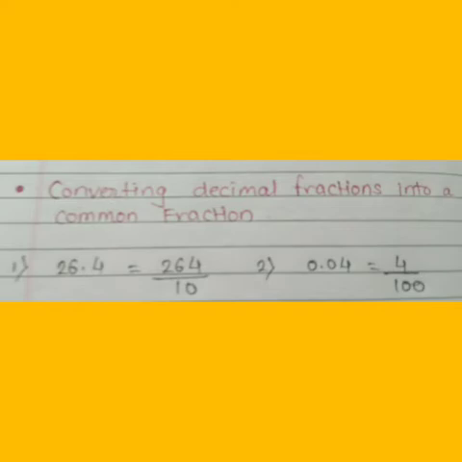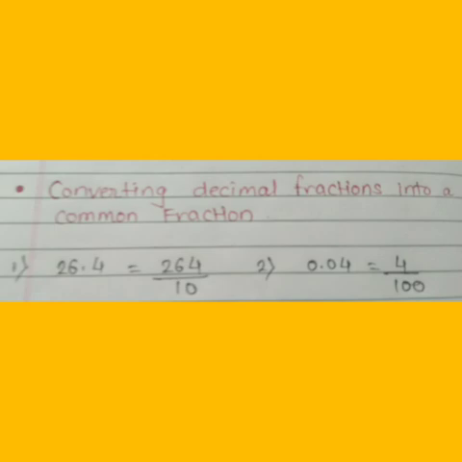Now next topic, converting decimal fractions into a common fraction. Till now we learned how to convert a common fraction into a decimal fraction whose denominators are 10, 100, 1000, etc. Now we are going to convert a decimal fraction into a common fraction. For that, see here. 26.4 we have to convert into a common fraction.